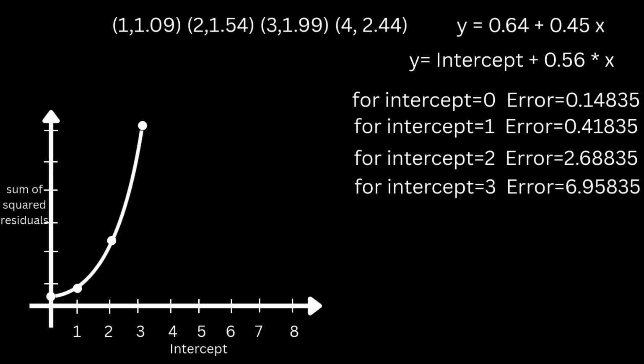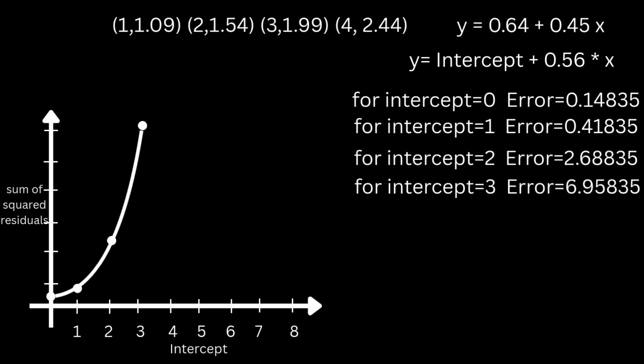As you can see there is a minimum error at intercept equal to 0, and the error keeps increasing as the intercept increases. What we really want is for the error to be very minimal. So intercept 0 is ideally what we consider, so that the model can predict a value close to its actual value.